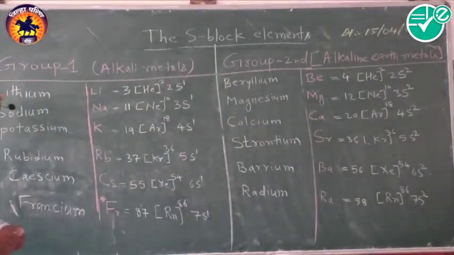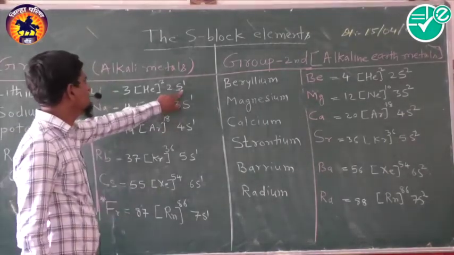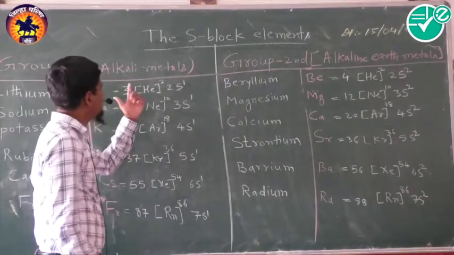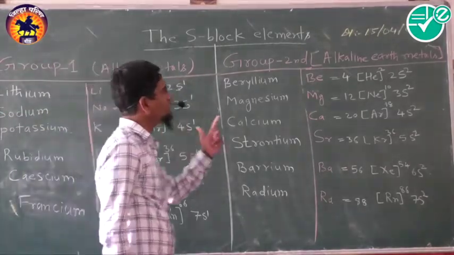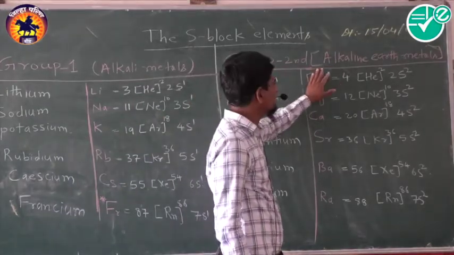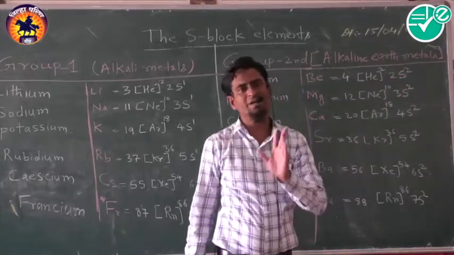So what you are observing is that there is only one electron present in the valence shell in the case of alkali metals. If you compare this electronic configuration with alkaline earth metals, that is group second metals, there are 2 electrons present in the valence shell.